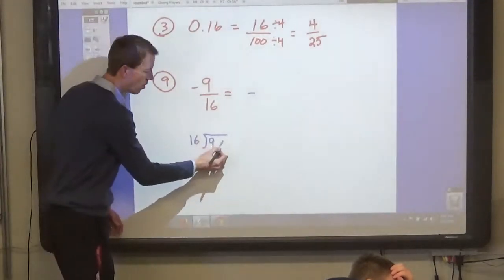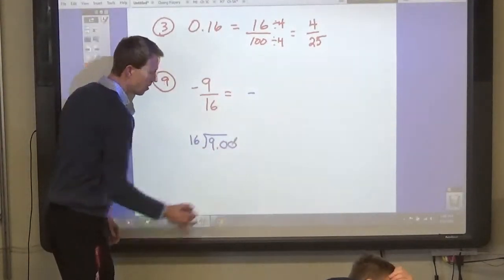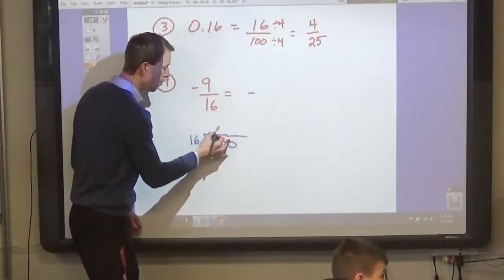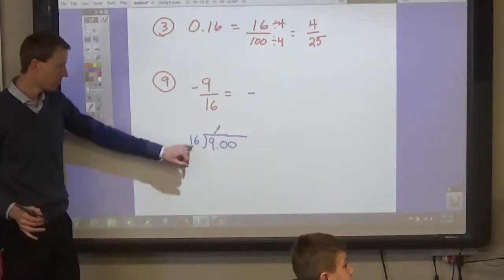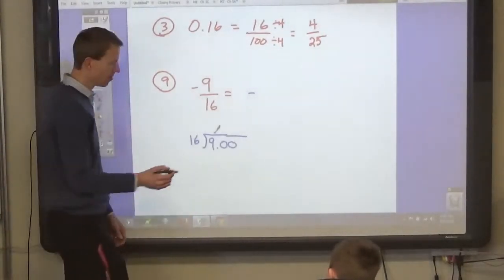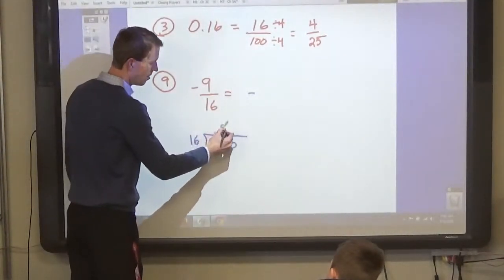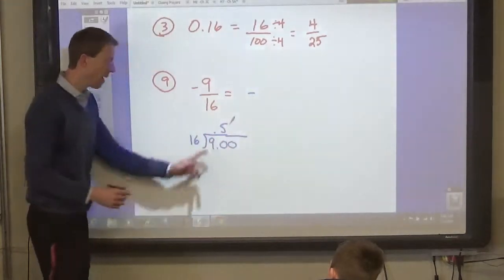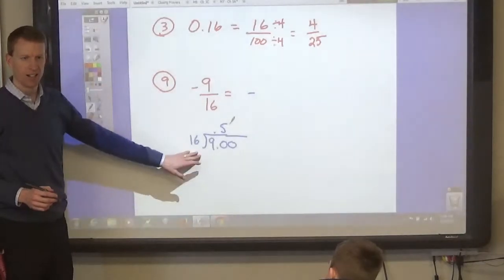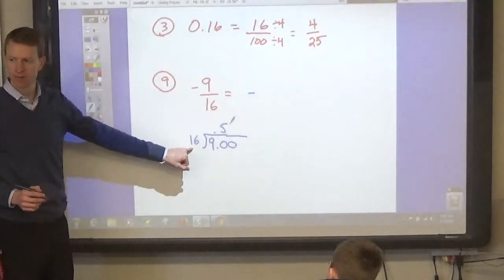So this is what you'll have to do on Friday. Right? You'll have to put a decimal point. And what'd you say goes into, Merlin? Negative 0.5625. 5. So 5 times 16 is 80.